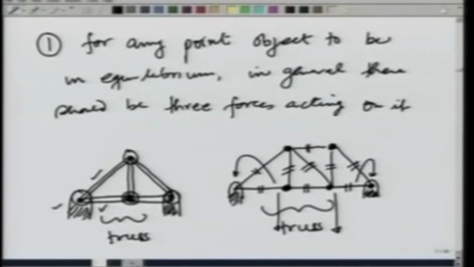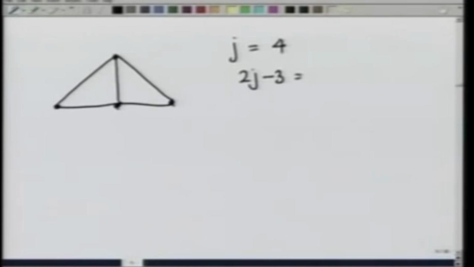Let us see that. The first structure that I made was like this. The number of joints is equal to 1, 2, 3, 4. So, 2j minus 3 is equal to 8 minus 3, which is equal to 5, and I have precisely 1, 2, 3, 4, 5 members. This is a statically determinate structure.